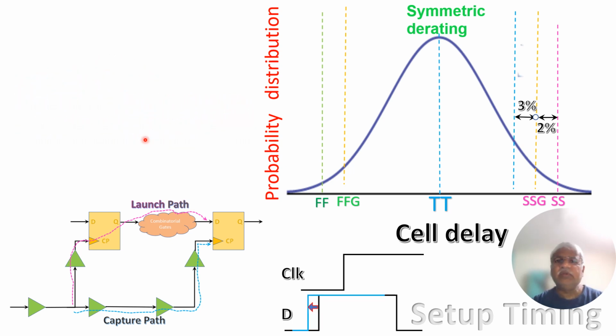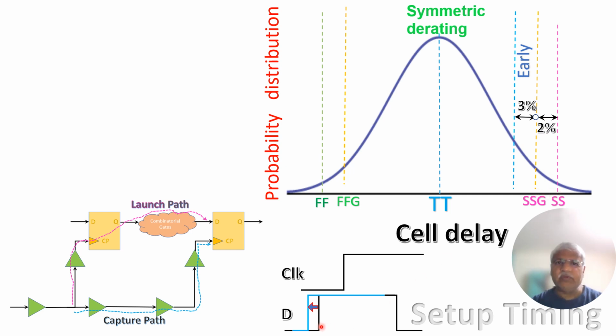Now if you consider this one, due to this situation some devices become early compared to SSG, because we will be applying the early derate to the launch path, so data will come early. And now when you look at this one, these are coming late.